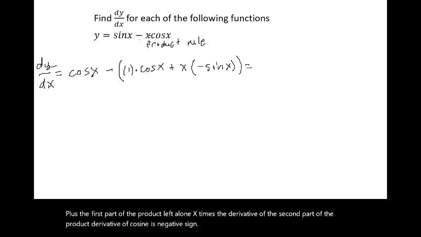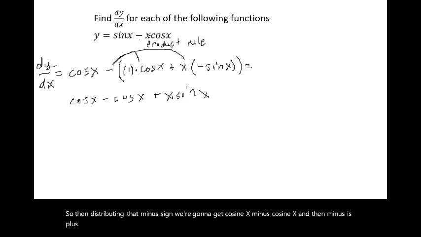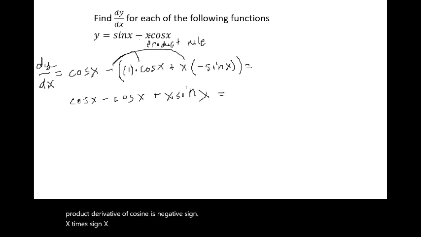Then distributing that minus sign, we get cosine x minus cosine x, and then minus minus is plus x times sine x. Cosine minus cosine cancels out, leaving you with x sine x as your final answer.